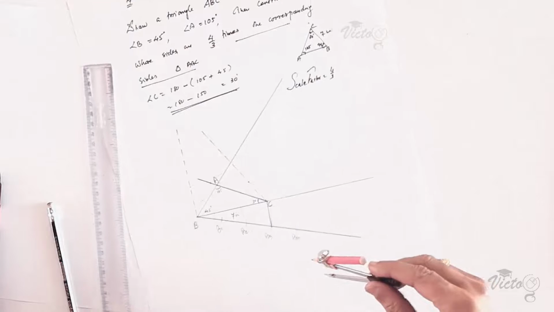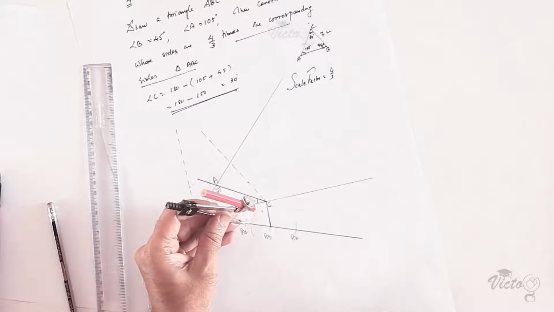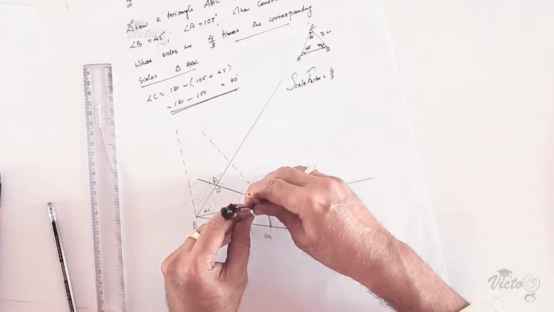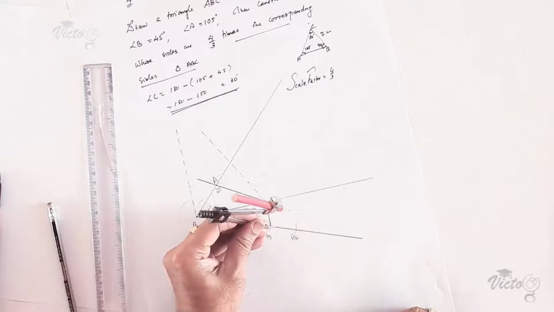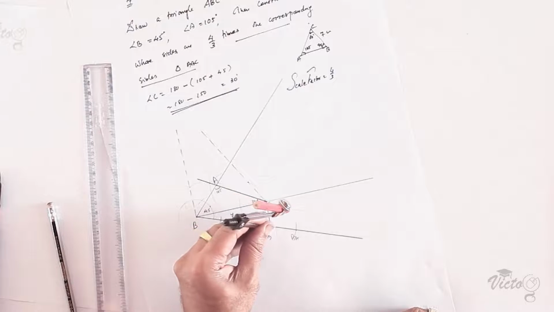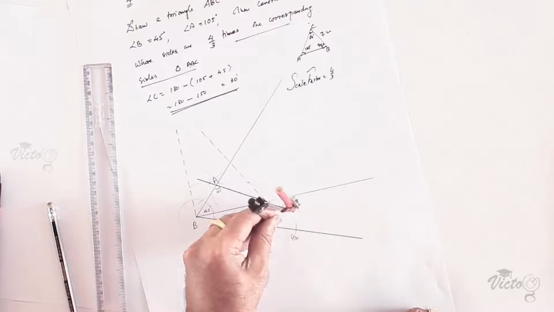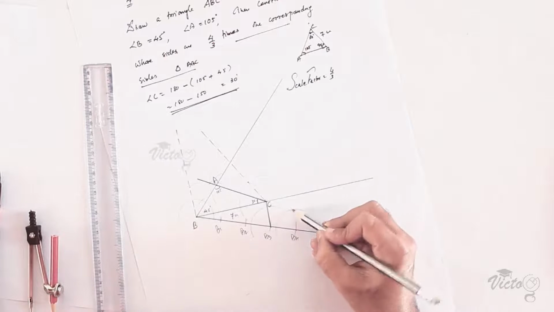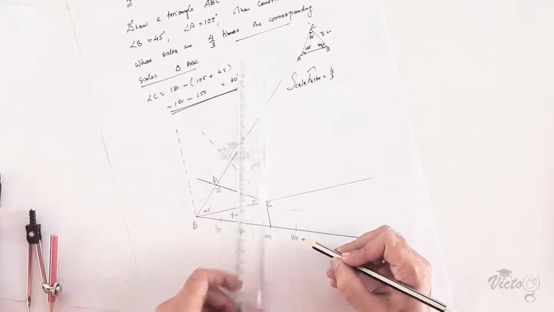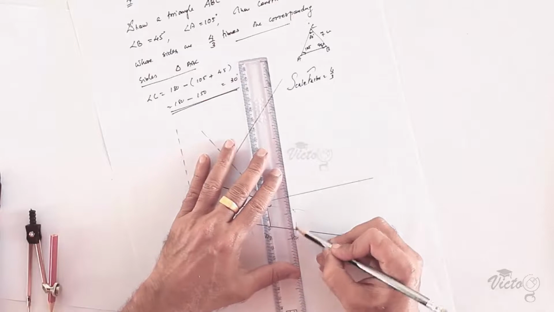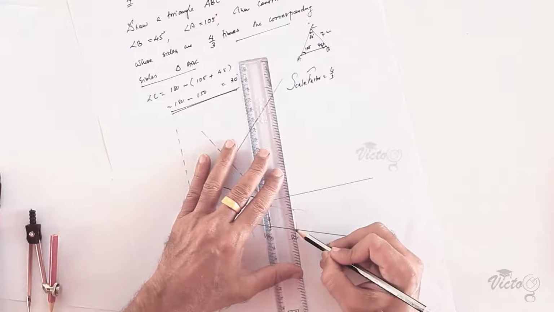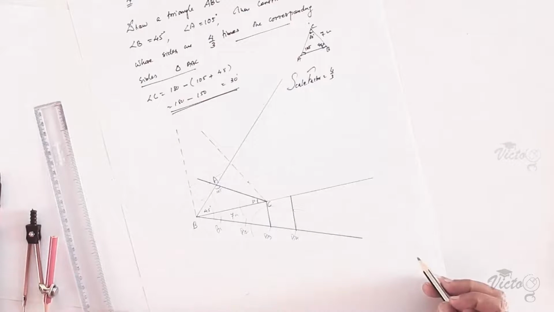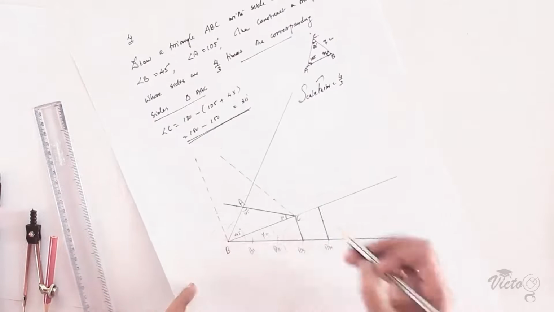Now measure the angle inside the angle B3. Mark this arc length to intersect the arc drawn with B4 as center. Join the point of intersection of these two arcs with B4. Joining B4 and the point of intersection of the two arcs, we will get another line segment which is parallel to B3C and name this point as C dash.